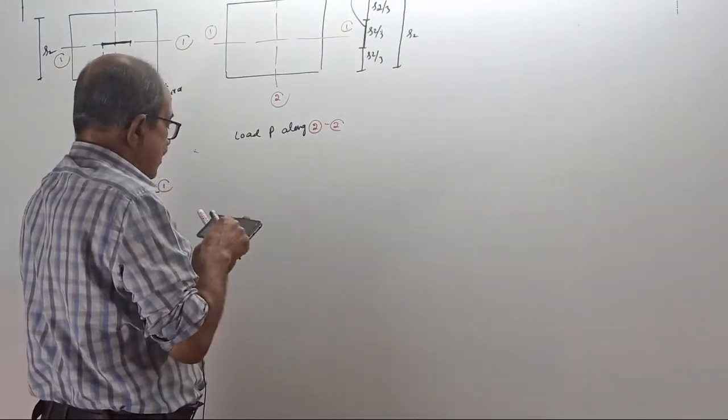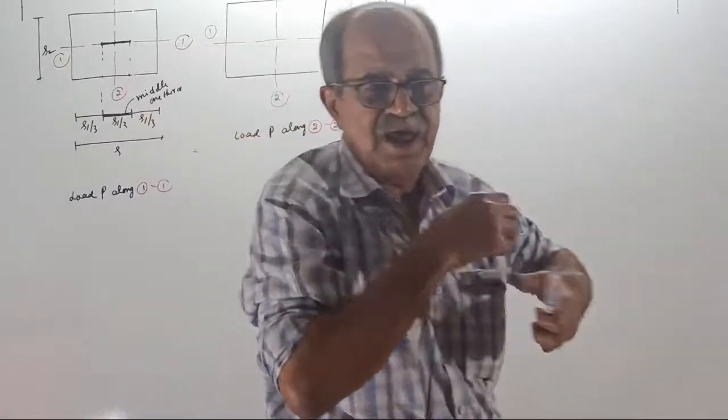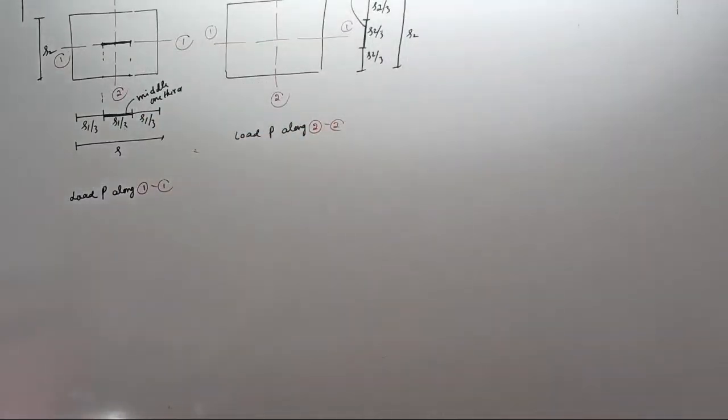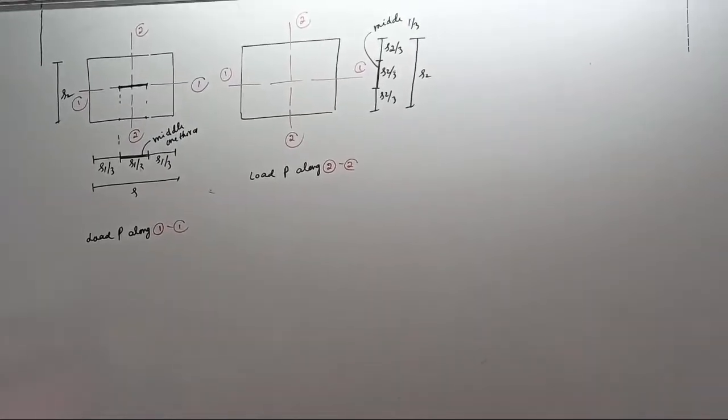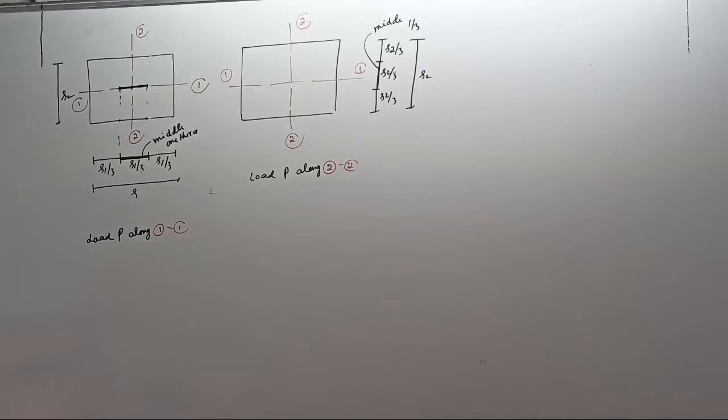Or shall I slightly lift it actually? Okay, one minute. I slightly lift the camera. I think it is slightly not coming. I slightly lift the camera. Okay. Okay, I'll lift it. Now, further go down.